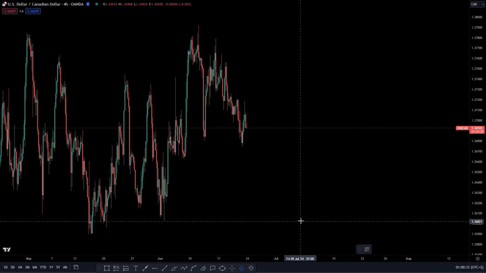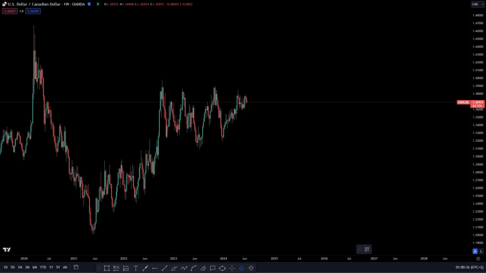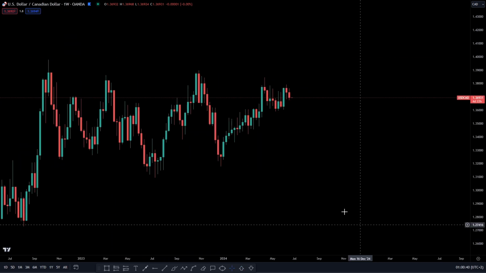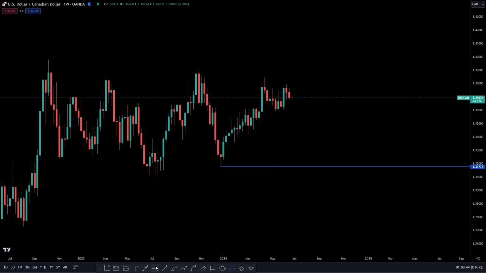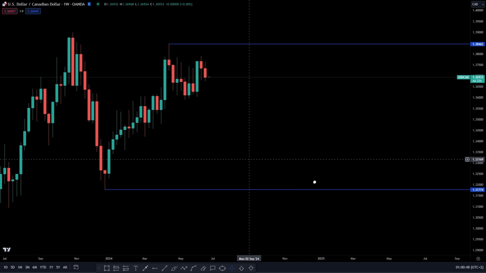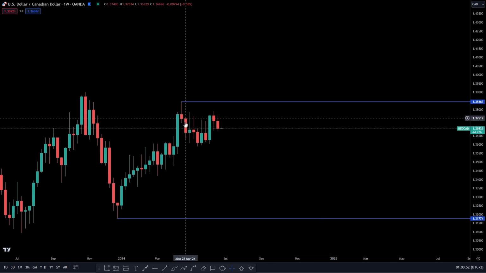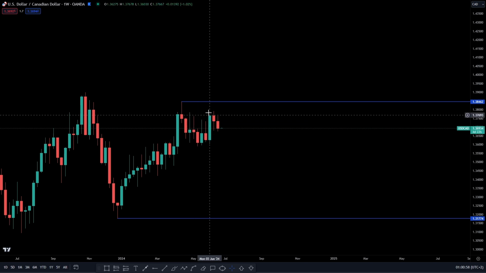Now the next pair is USD CAD. Starting off on the weekly time frame, what do we have? Okay, let's put our low. Let's put our high. Okay, now that we've done that, you can see we have an impulse down followed by a correction, one more impulse down, correction, then we have an impulse up.